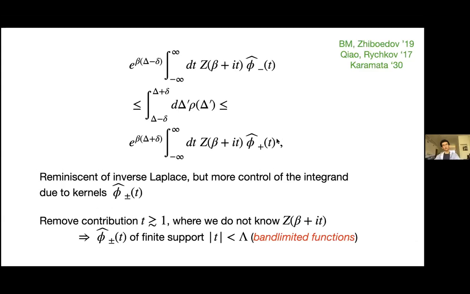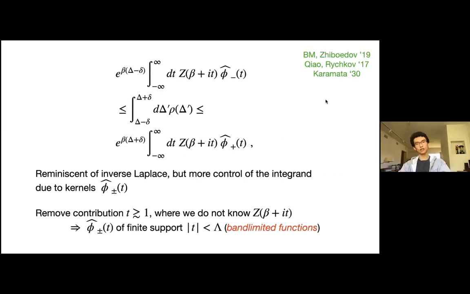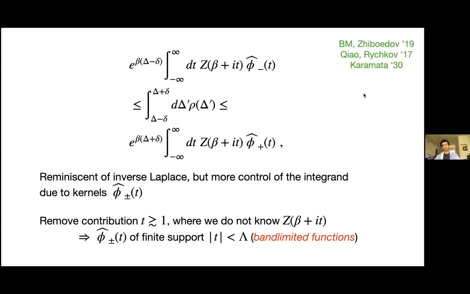The rest will be discussing properties and inequalities and how to compute them. Similar ideas appeared before in the works of Shiao and Rychkov, and also in more classic works by Karamata in the context of Tauberian theorems.